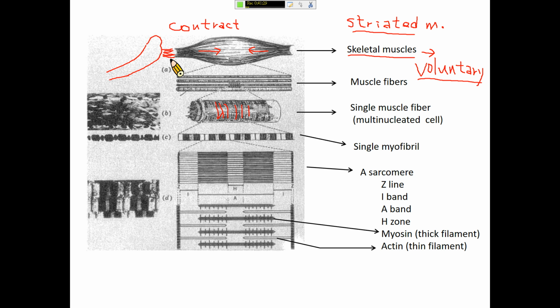It's passive, it's elastic. The muscle contracts voluntarily. The tendon will be pulled. Okay, so it's very interesting.